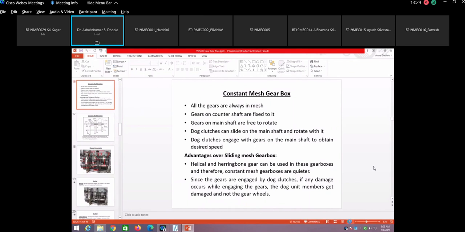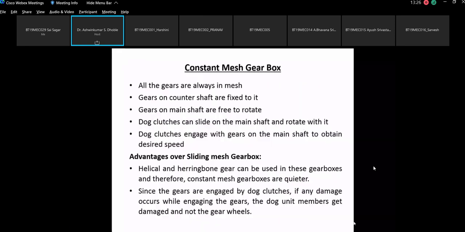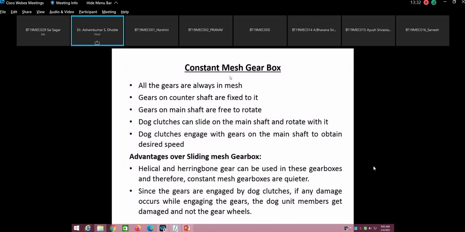As discussed, in constant mesh, I am showing you the presentation because the actual photographs of the constant mesh gearbox are there, so that your idea of the engagement and disengagement of the gears will become very, very clear.